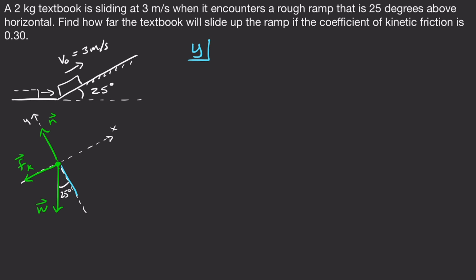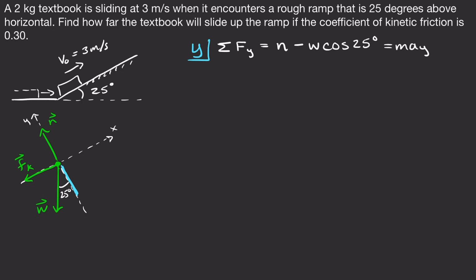So start with the y direction. Sum of the forces in y is equal to the normal force, which is in the positive y direction, minus the y component of the weight, which is adjacent to this angle. So that will be cosine. So weight times cosine of 25 degrees, and that's equal to mass times acceleration.